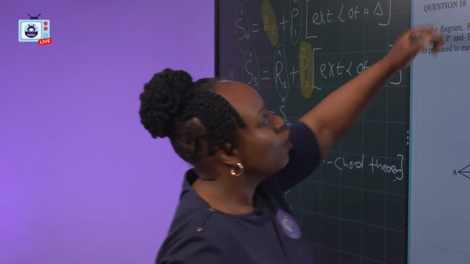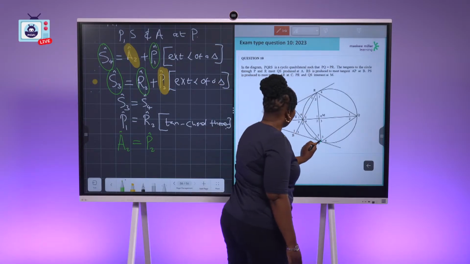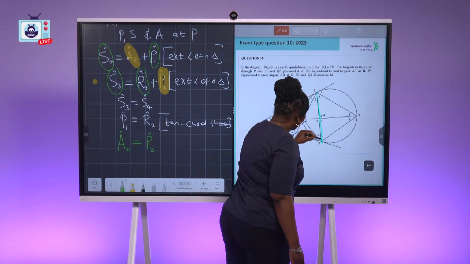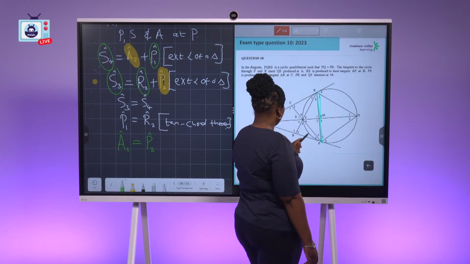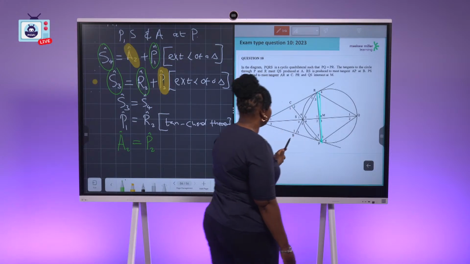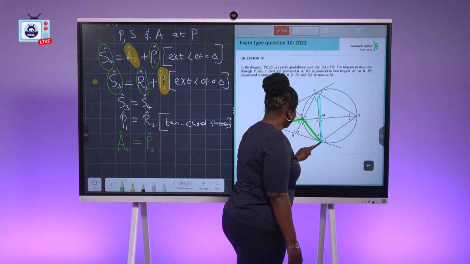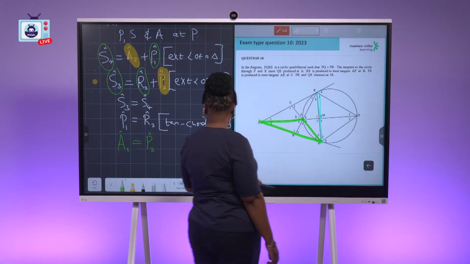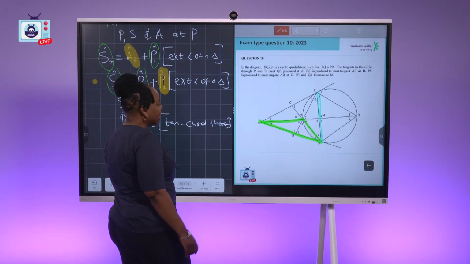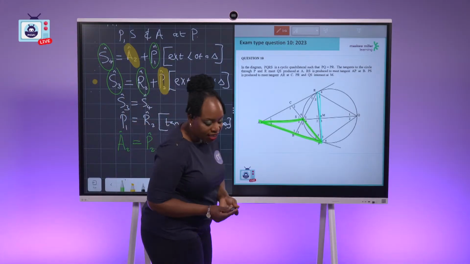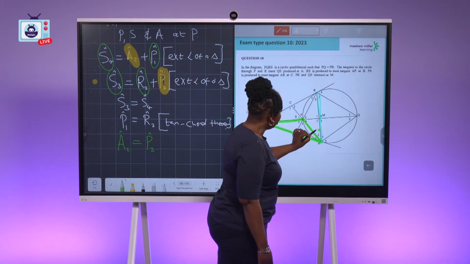We did say that for us to prove that this line is a tangent, we need to prove something that can help us get to the answer. So that's where I started: if I can prove that the angle A2 is equal to the angle P2, I mean to say not P1, P2, which is this one.